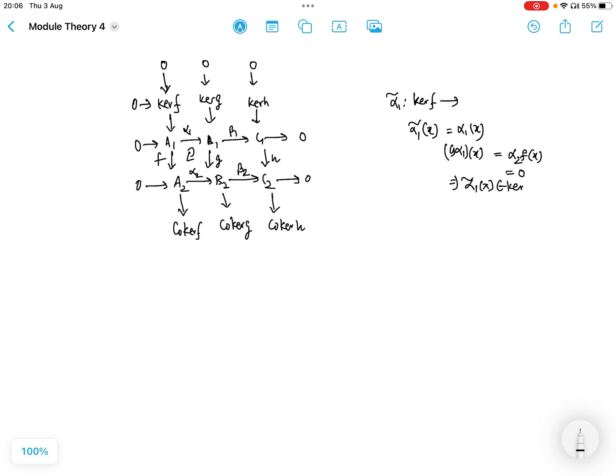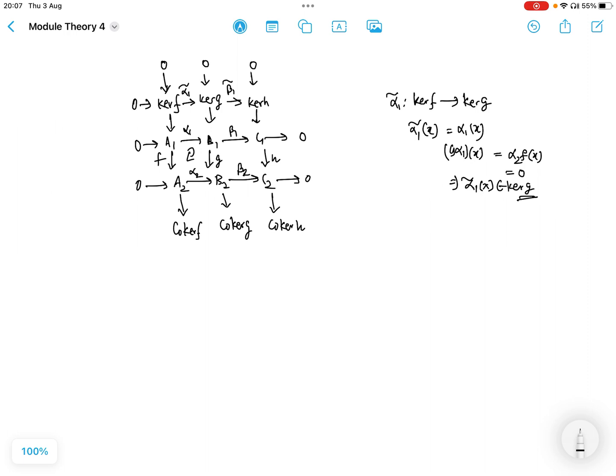So this alpha 1 tilde actually induces a map from the kernel of f to the kernel of g. Right? So we can talk about this map, because the domain and codomain make sense in view of what we already showed. And similarly, because this diagram is also commutative, you can talk about beta 1 tilde. Okay, so I'm not doing it again.